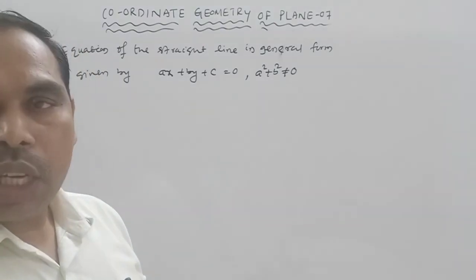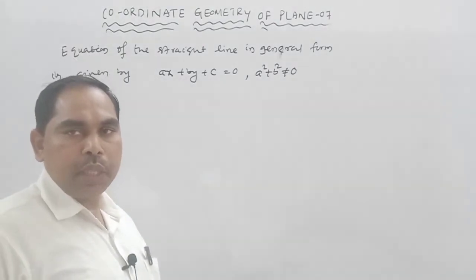It means every first degree equation having variables x and y represents a straight line.